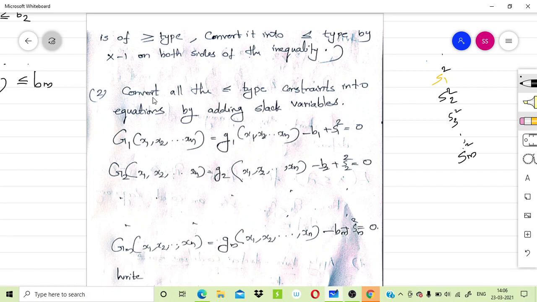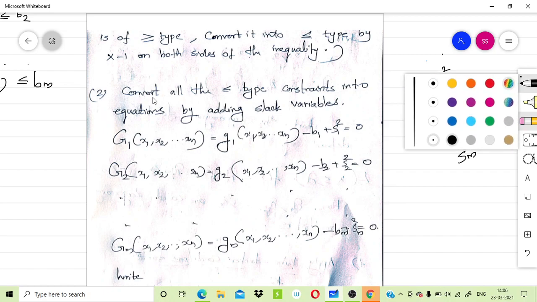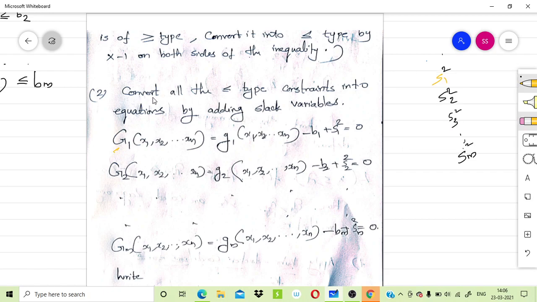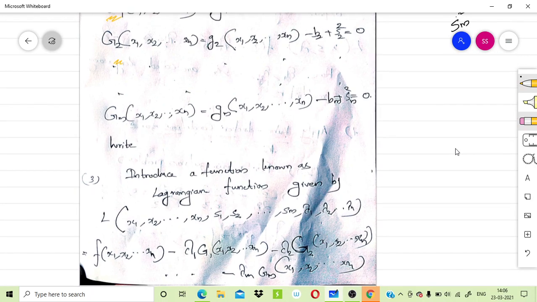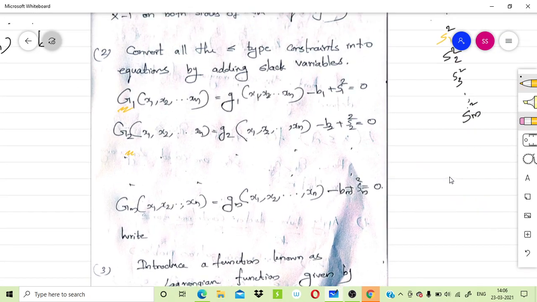So I am notating these new constraints. The constraints g1, g2 are transformed into capital G1 of x1, x2, etc. xn, capital G2 of x1, x2, etc. xn. Notations are important in a general method. So g1 of x1, x2, etc. xn becomes g1 of x1, x2, etc. xn minus b1.